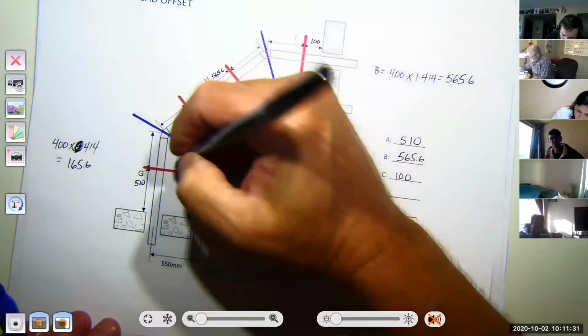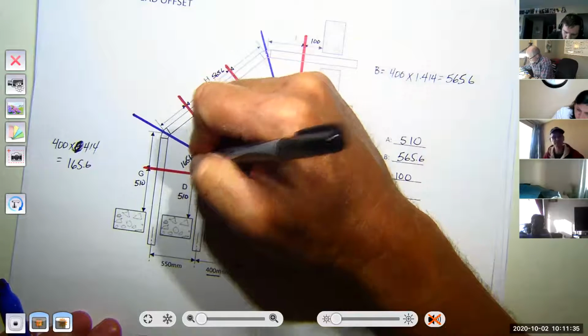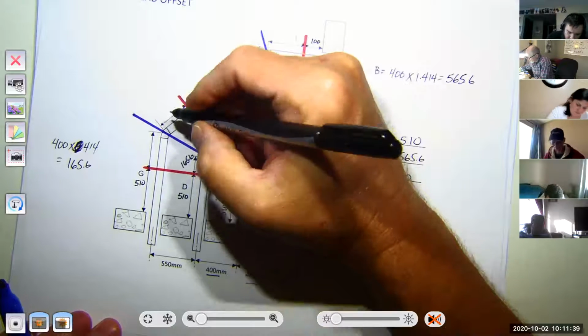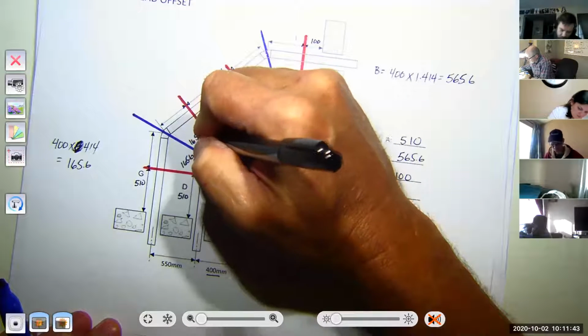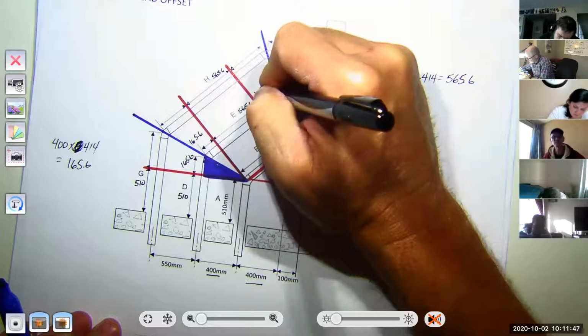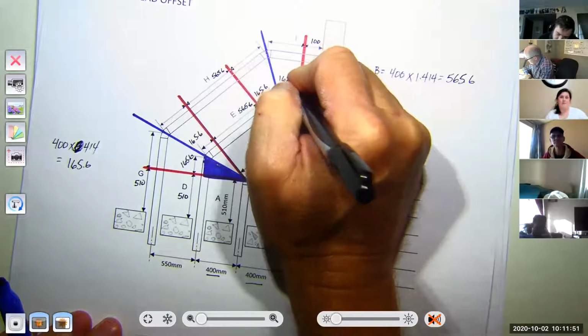So this measurement right here is 165.6. Because this is also an equal spread offset, this is 165.6. This is 165.6. This is 165.6.